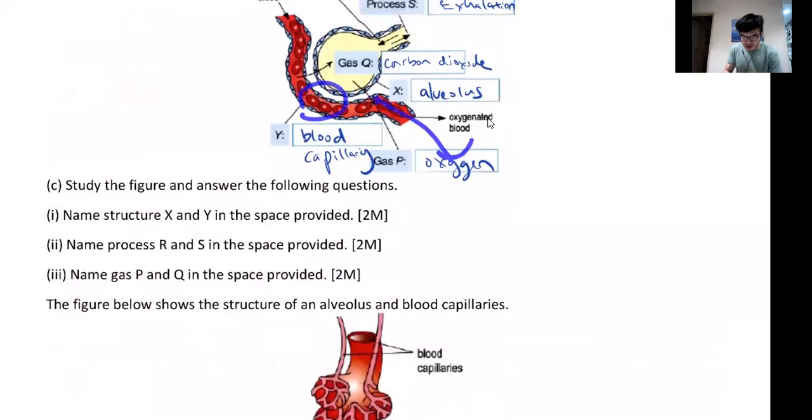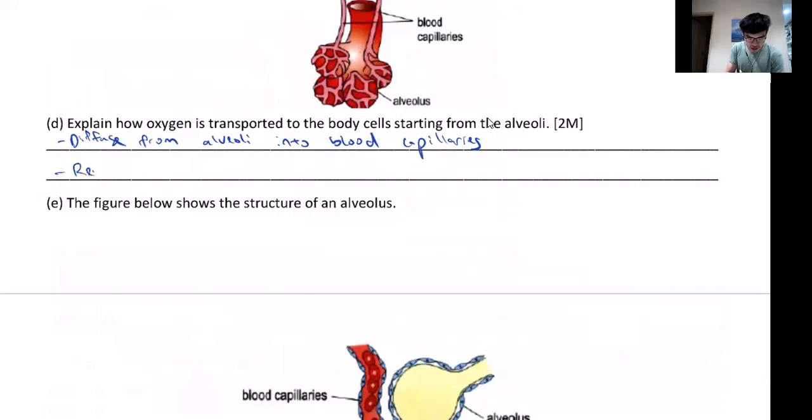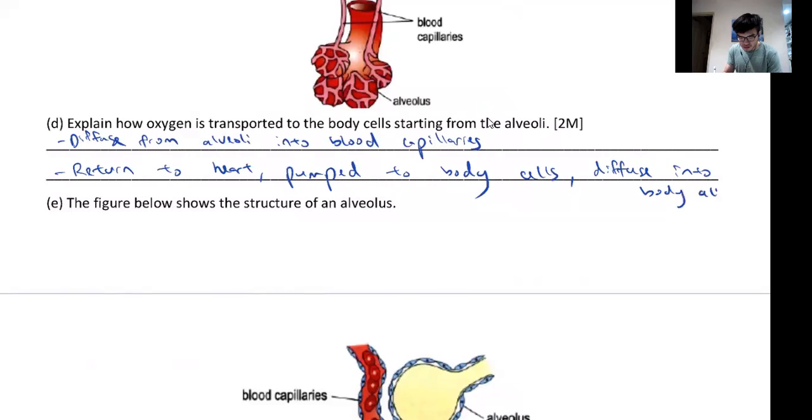And then they will return to the heart, pumped to body cells, and then it will diffuse into body cells. So it's a very simple process. They go back to the heart, and then they go to the lungs to throw out carbon dioxide and take oxygen, go back to the heart again, pump to the body, give oxygen, take carbon dioxide, and the whole process repeats.